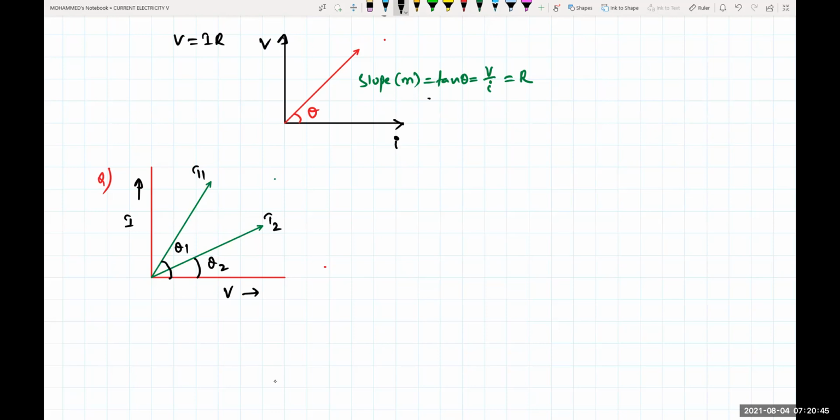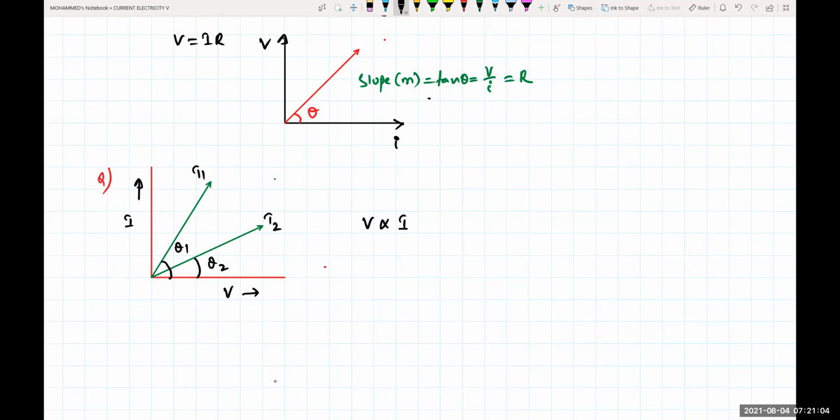Now the reciprocal I have taken right now. In the place of V I have taken I, and in the place of I I have taken V. So now the IV graph will give me what? The IV graph is linear, so I can say V is directly proportional to current. We already know that. So for ohmic resistance, the slope of the IV graph will always give me what?